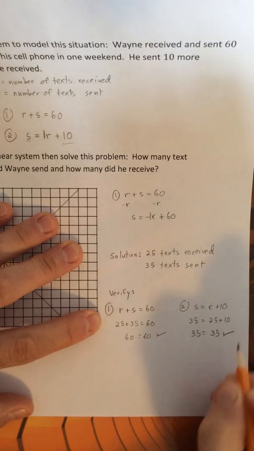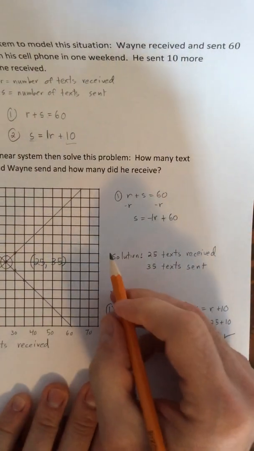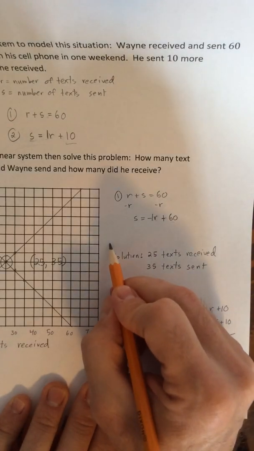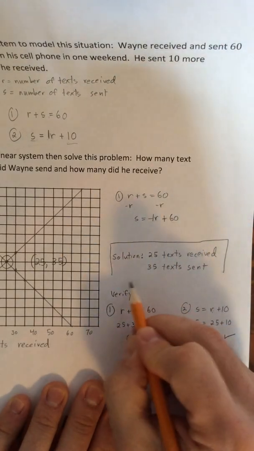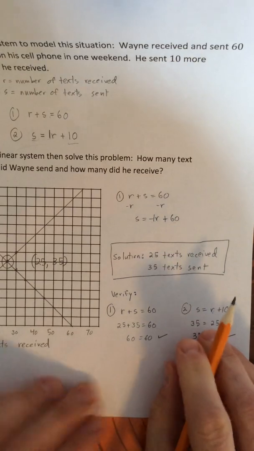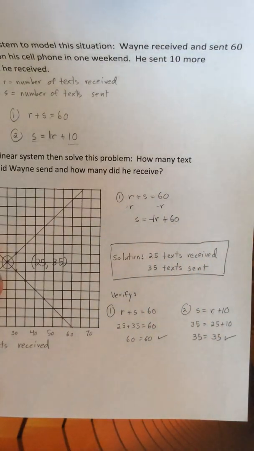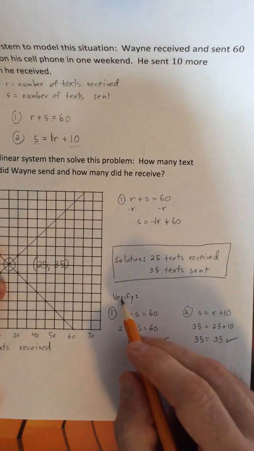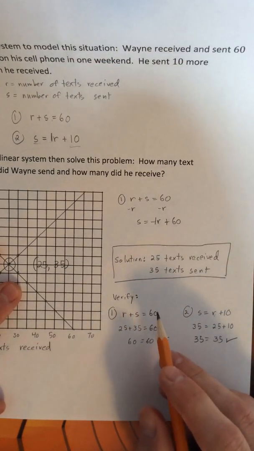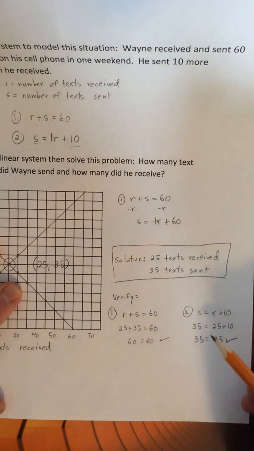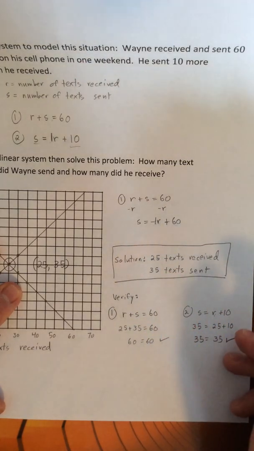So this solution works in both equations. So this is the correct solution for this system: 25 received and 35 sent. Again, the verification isn't absolutely mandatory, but it is a way to check your work to see if your solution is correct.